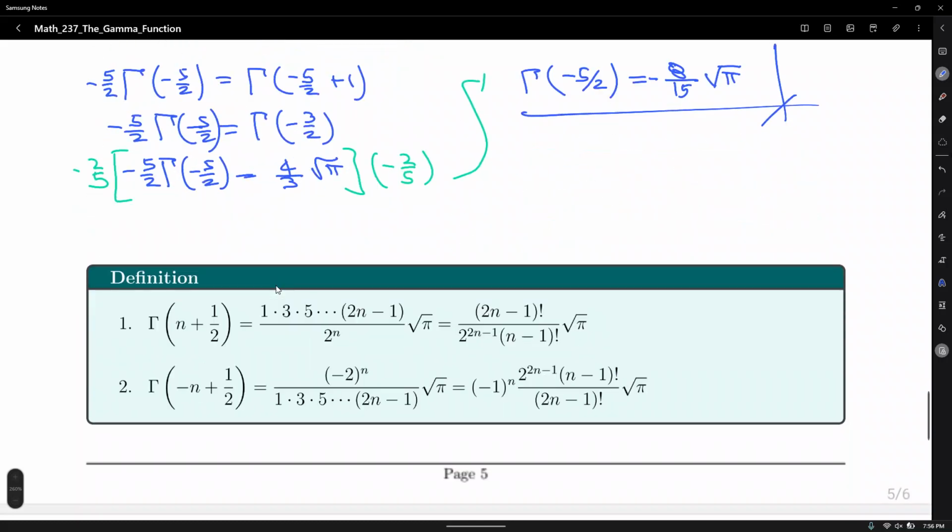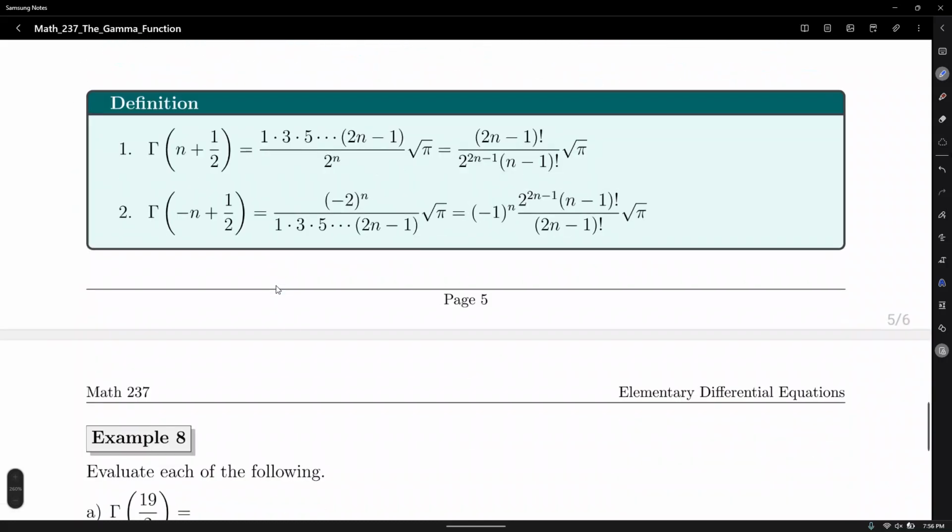So we're going to look at the last formulas from the notes, for whenever we want to evaluate gamma of a number plus a half or negative a number plus a half, where the number is an integer. We will multiply all the odd integers up until 2n minus 1, which is the number that appears inside the parentheses, or we have another formula right here that you of course are not required to memorize.